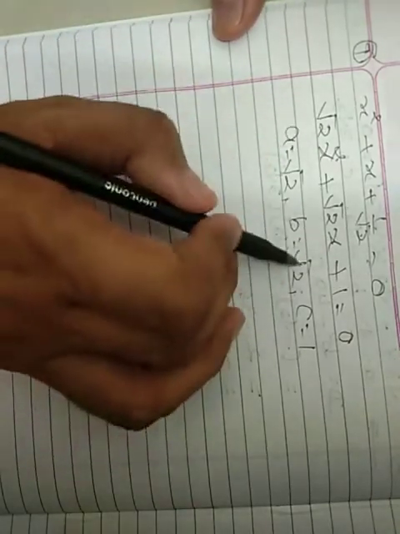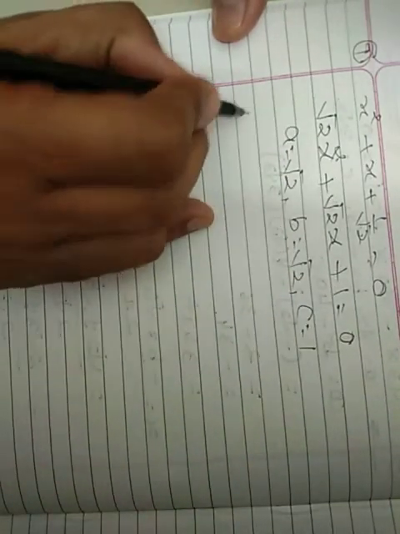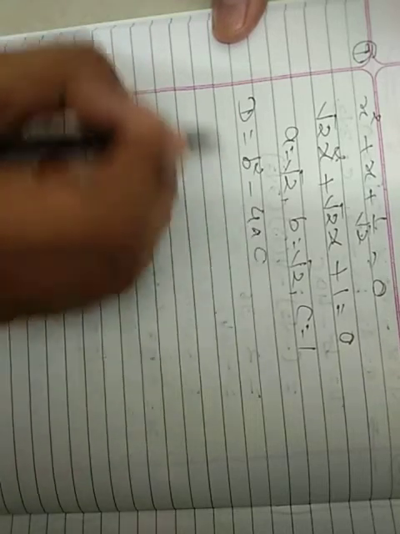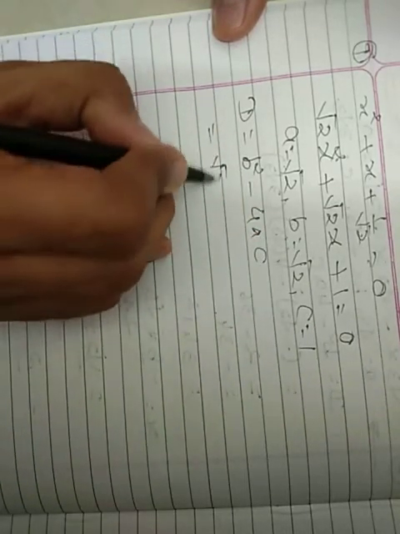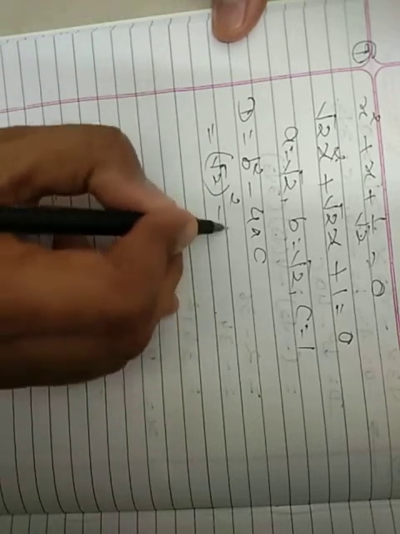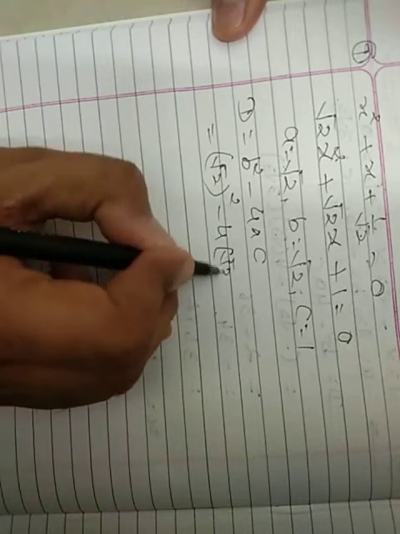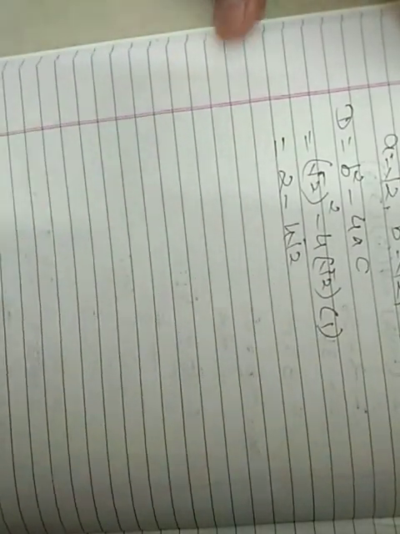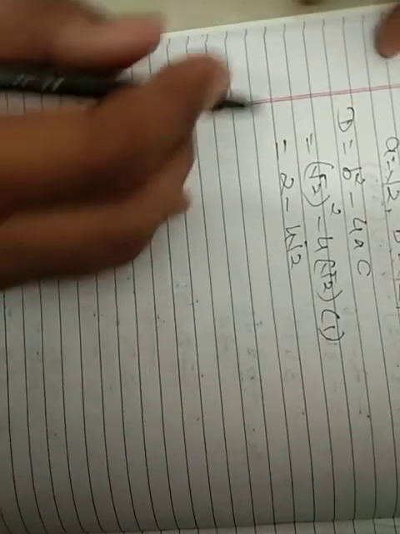Then a equal to root 2, b equal to root 2 and c equal to 1. Let delta equal to b square minus 4ac. B square equal to root 2 square minus 4ac. Root 2 square means 2, minus 4 root 2. Clear? Okay. Now give simplification.